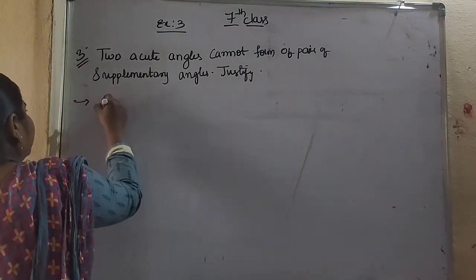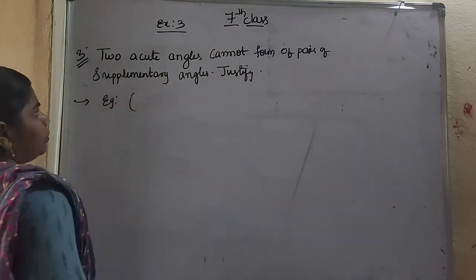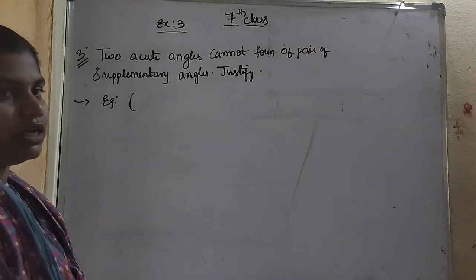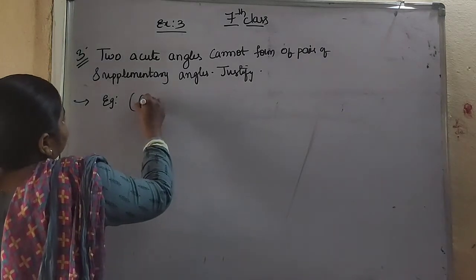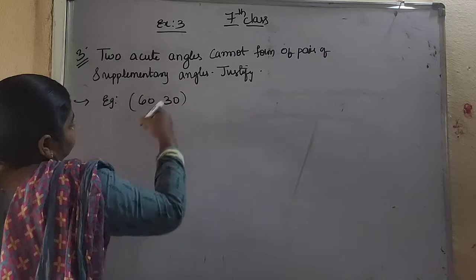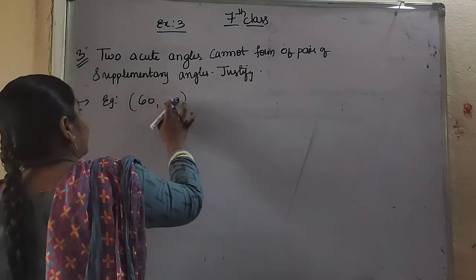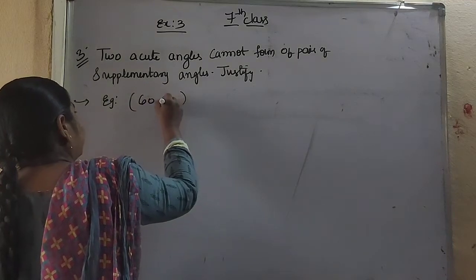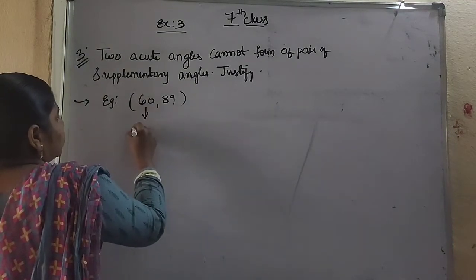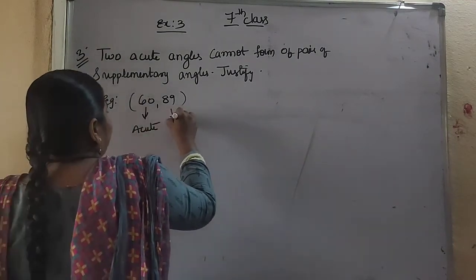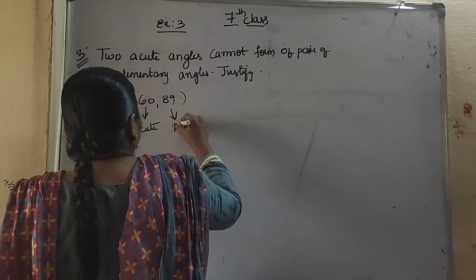If you take an example, acute angles are nothing but angles less than 90. So you can take 60 and 30. 60 and 30 are acute angles. In the same way, you can take 60 and 89. 60 is an acute angle and 89 is also an acute angle.